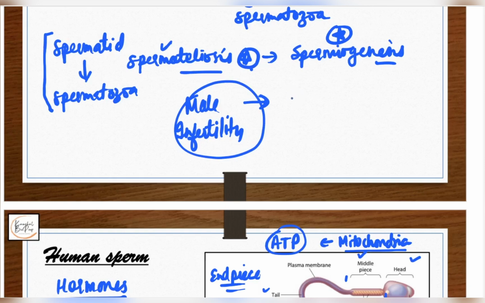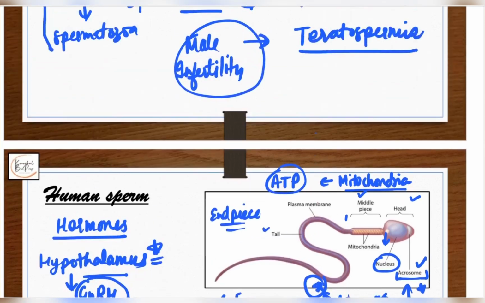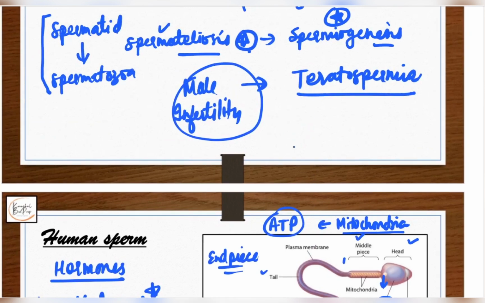For example, you will see there is something called teratospermia. What is teratospermia? Teratospermia is abnormal shaped sperm which actually affects the function. Why I am discussing it here? Because you have seen this shape is very very important for the sperm. Otherwise it cannot swim very well. So teratospermia is something which affects the shape of the sperm.